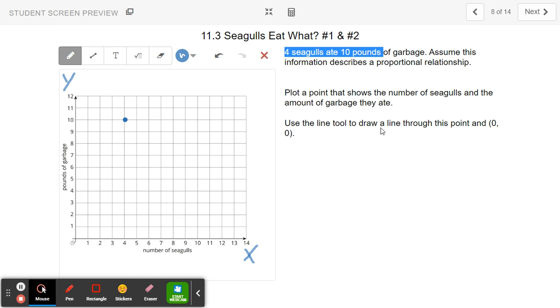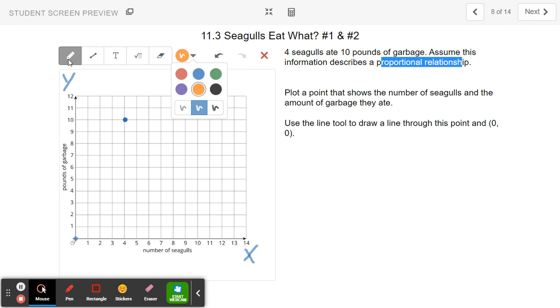And then it says use the line tool to draw a line through this point and 0, 0, sorry. So this is where we have to remember they're telling us it's a proportional relationship. And we know the graph of a proportional relationship is going to be a straight line, right?